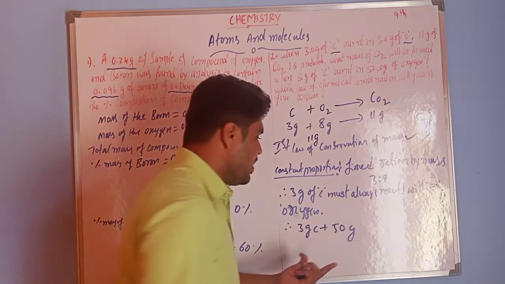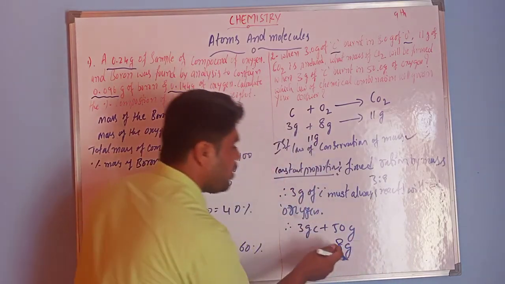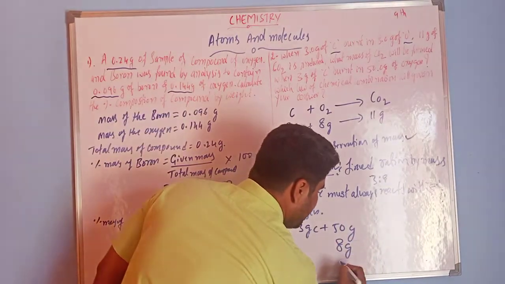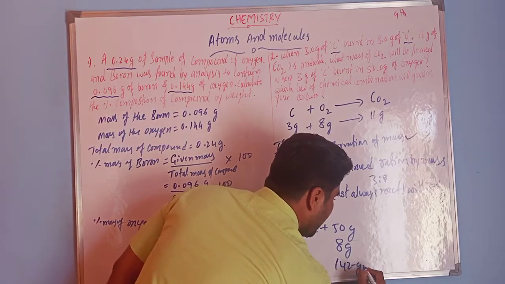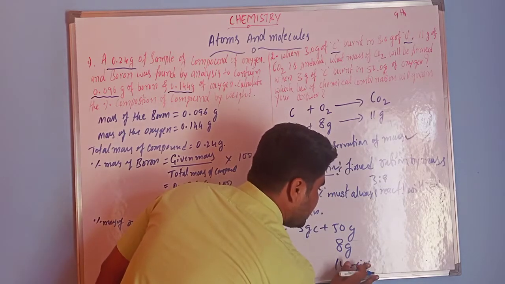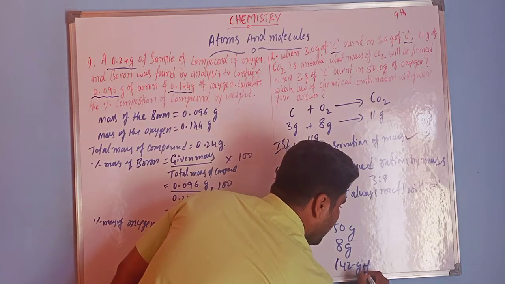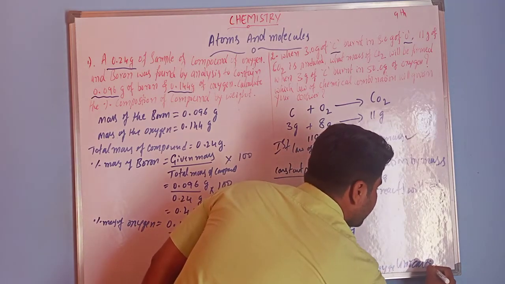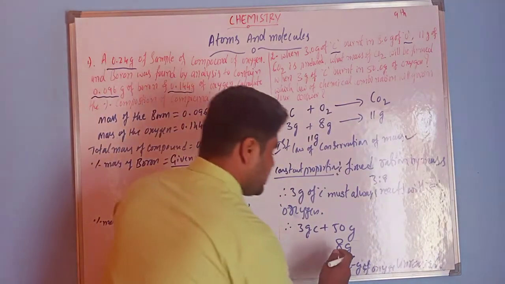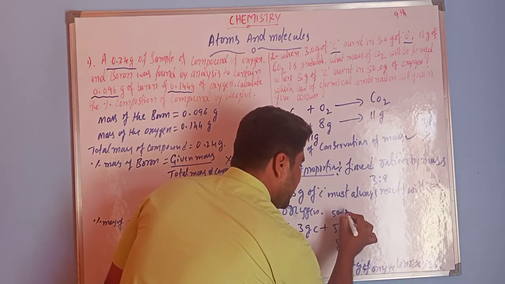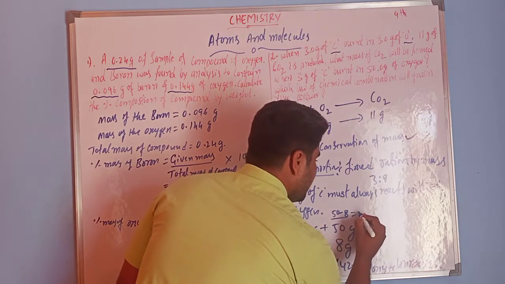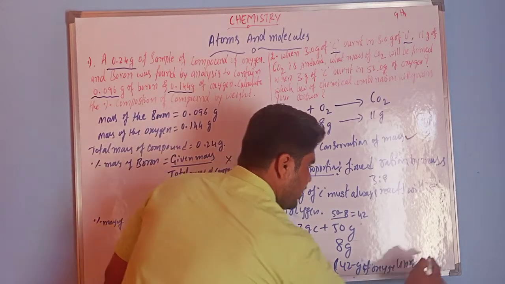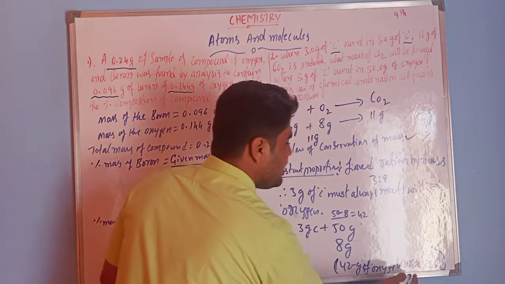But of this 50, only 8 grams react with the carbon. The remaining 42 grams of oxygen is unreacted. That means 50 minus 8, that is 42. So 42 grams of oxygen is unreacted.